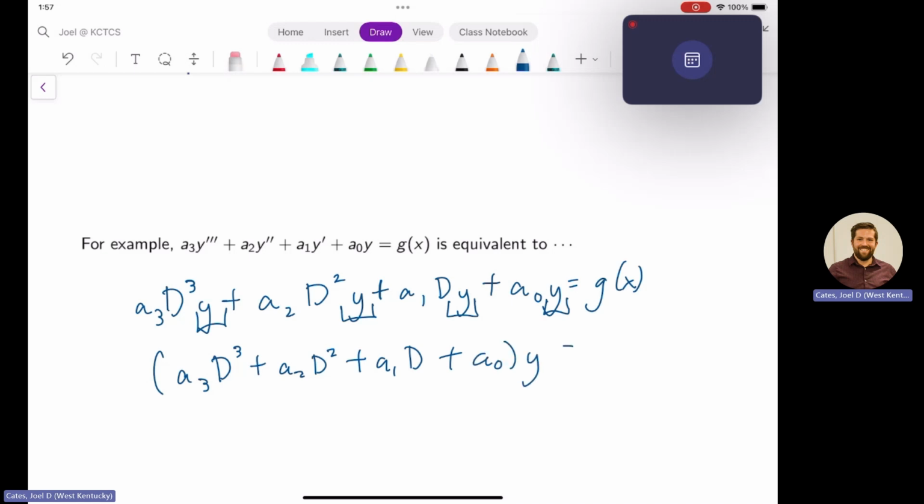And all of this is applied to y, right? So that's the wild thing that we can do with the differential operator, is that it is an operator. It is working on y. It is creating a derivative, but we can use this notation to pull it out and treat it like we can factor things and that sort of idea.